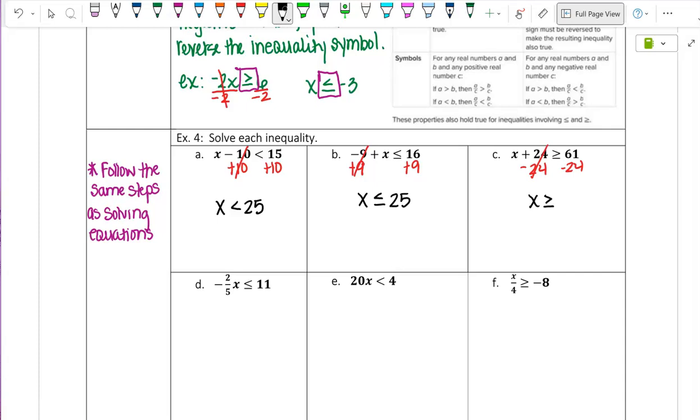Just put 41 minus 4 into your calculator. 37. So x would be greater than or equal to 37.